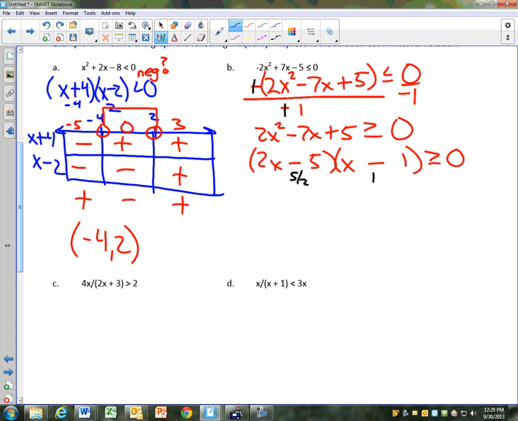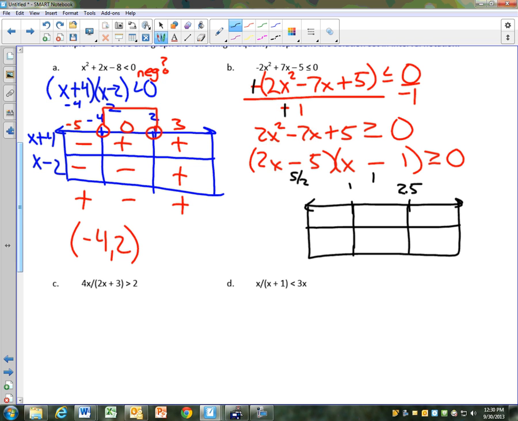So I'm now going to make my chart. I have 2 solutions, so how many columns will I have? 3 columns. Got 1, and I'm going to write 5 halves as 2.5 because I think people understand that better. And I'm going to have 3 columns. How many factors do I have? 2.